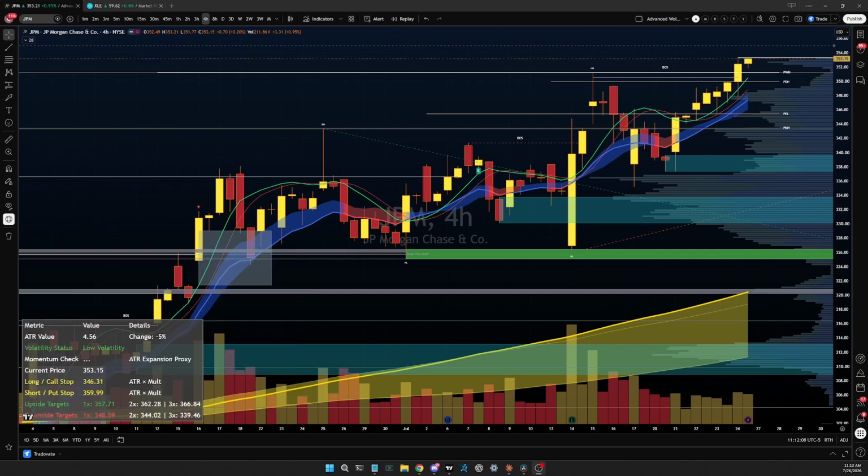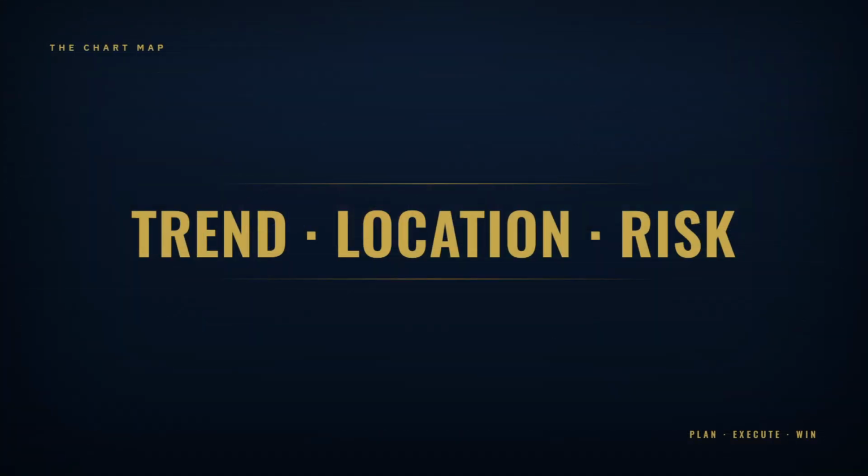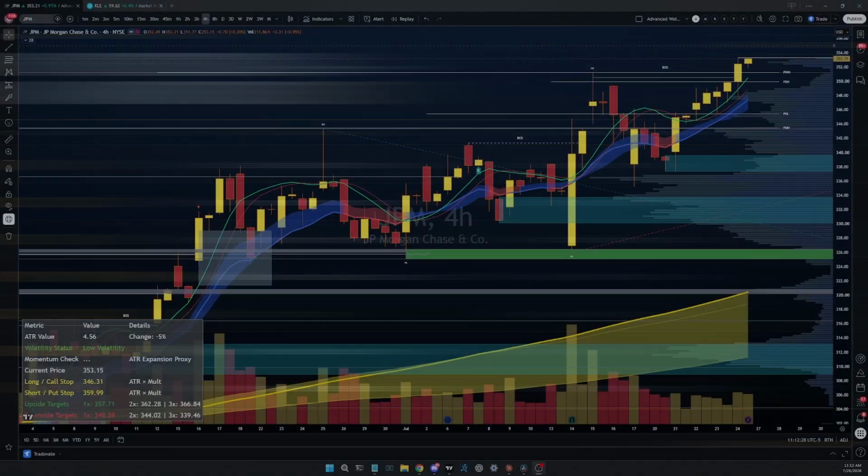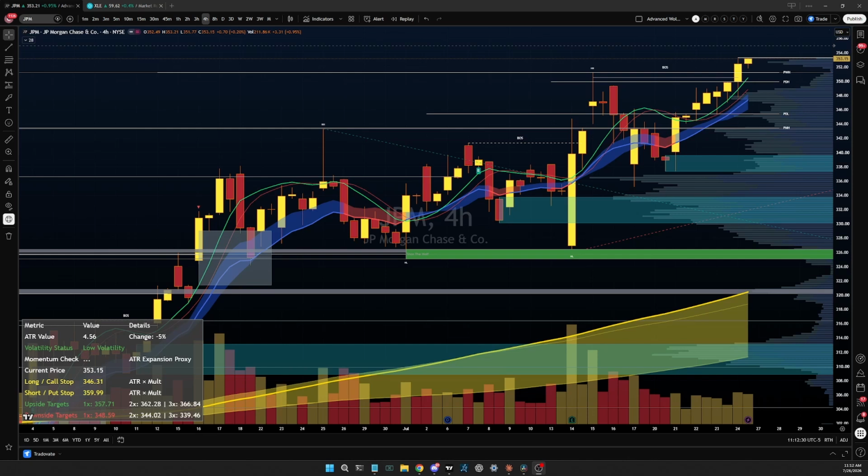3 things to lock in. 1, it's not 20 things, it's 3 layers: trend, location, and risk. 2, every element has a job and a limit. That's why we said it 7 times. What it tells you and what it does not tell you. 3, naming comes before reading, always.